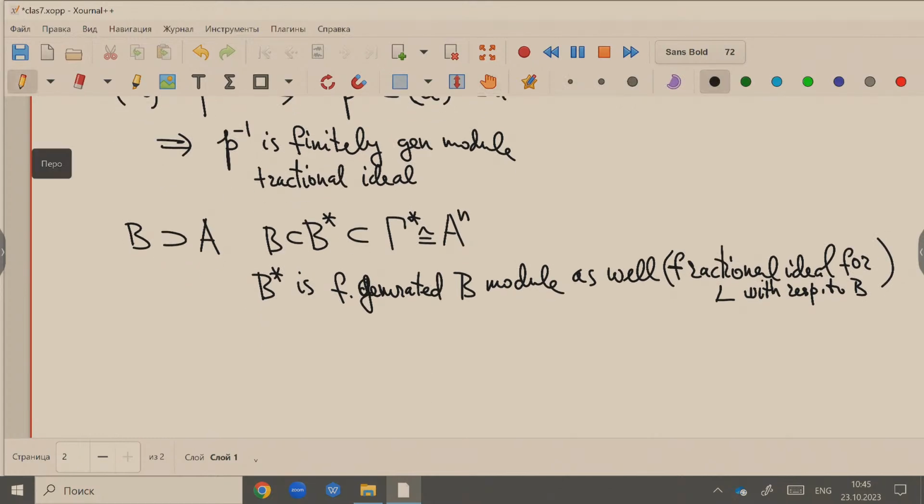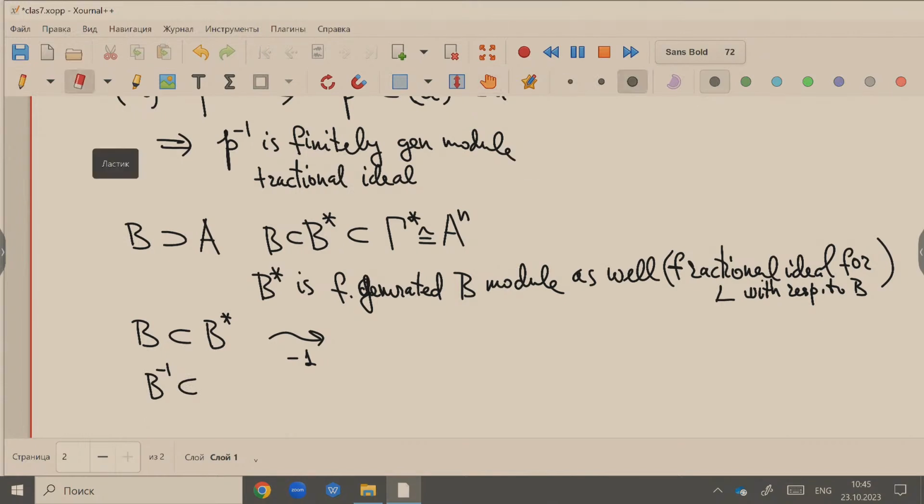So you have B that was contained in B inverse, B dual. If you apply inverse, then you have the opposite inclusion. Yeah, so you have B inverse here.